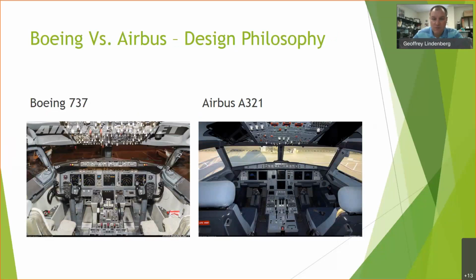What I mean by that is that Boeing tends to provide the flight crew with more raw information and more direct control of systems, whereas Airbus tends to give more interpreted or processed information to the flight crew.